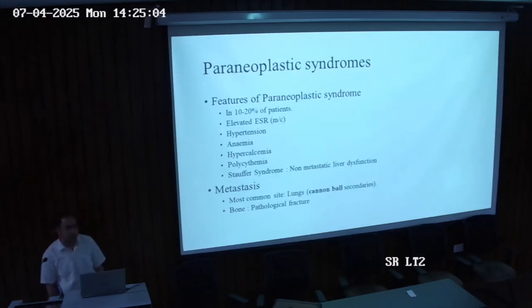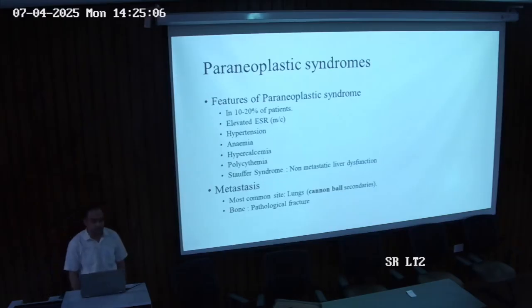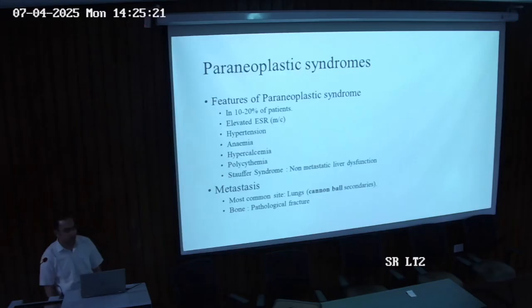Why anemia in renal tumor? Because of hematuria. Sometimes the patient has gross hematuria. Such patients usually come with serum hemoglobin of 5, 6, 7. And hypercalcemia is due to parathormone-related peptide. Remember, there is another MCQ on this.